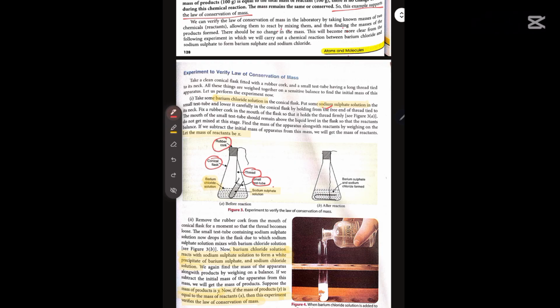Now, you have to understand what the formulas are also. Later on, you will get to know that more nicely, but maintain the habit of knowing and seeing them. Barium chloride means BaCl2. Sodium sulfate means Na2SO4.